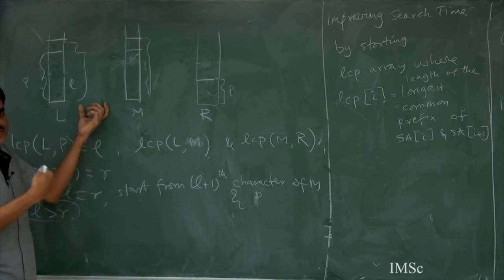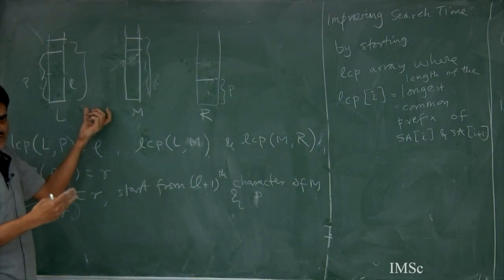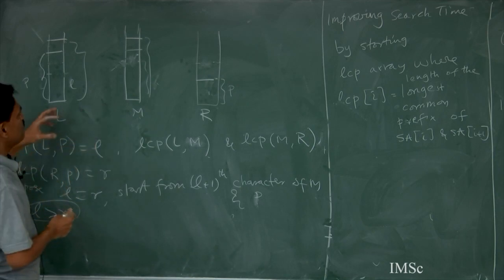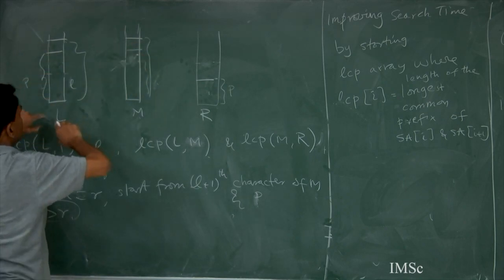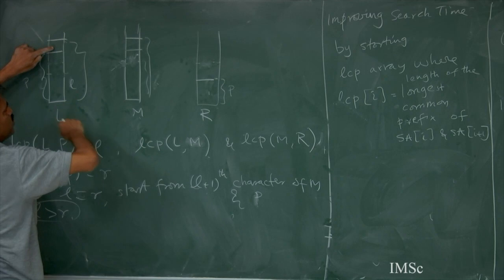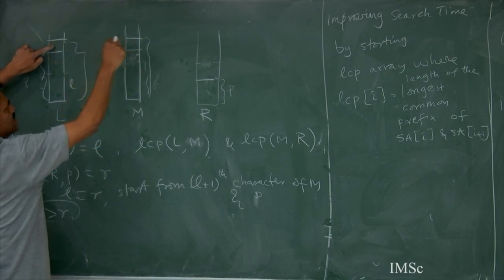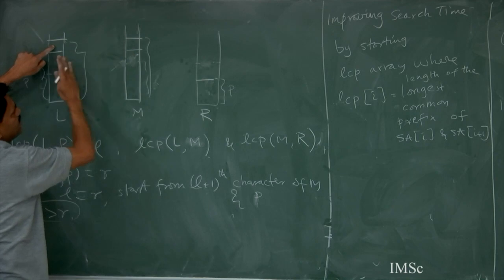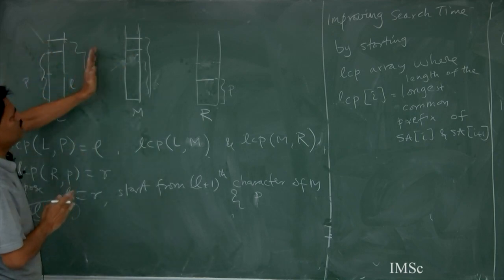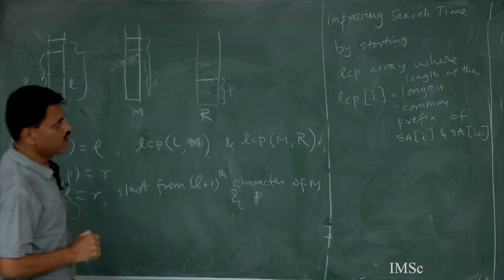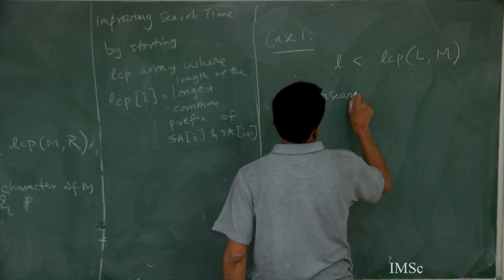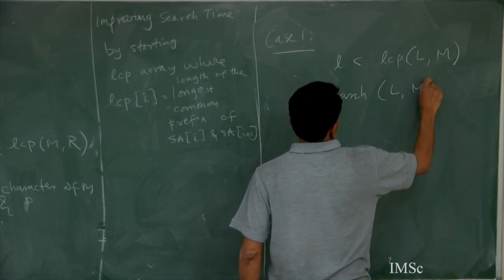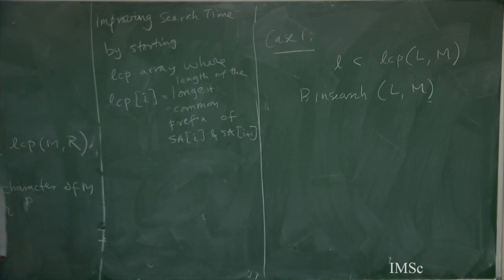I could just proceed to the next step of the binary search without making any comparison here, because pattern and L and M match up to this point, but my pattern mismatches here. So, it will mismatch here, and I know that this is less than or equal to here. So, if at all my pattern exists, it will be only here, because I have moved here, right. So, now I am going to binary search in the range L and M. Without any extra comparison, I can conclude this.